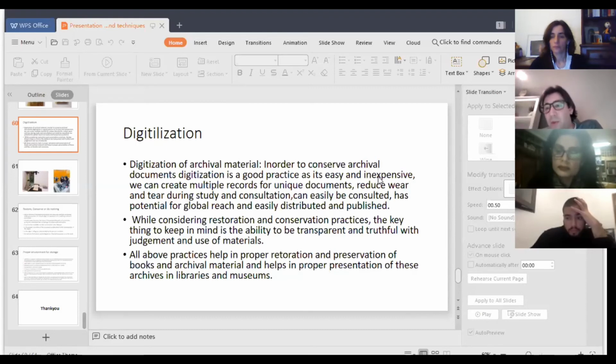Is it reversible? Not in all cases. Therefore, we carefully plan each step before the restoration of the document. That is why we follow certain steps like ink solubility tests and pH levels. We decide whether it has to go through dry cleaning, or the document is so damaged that we cannot allow wet cleaning.